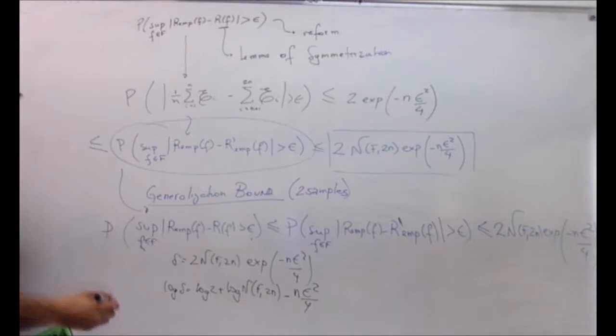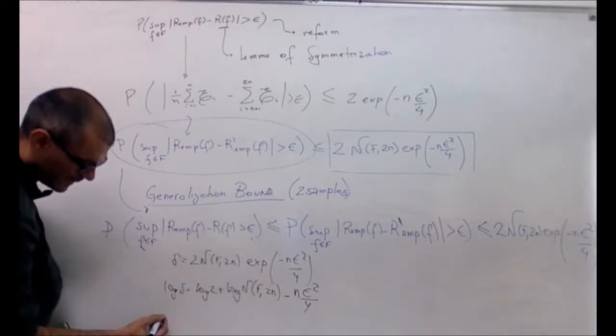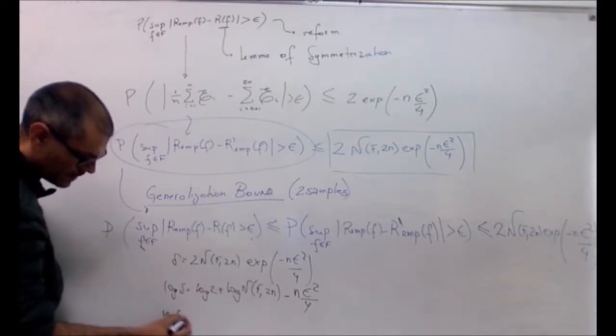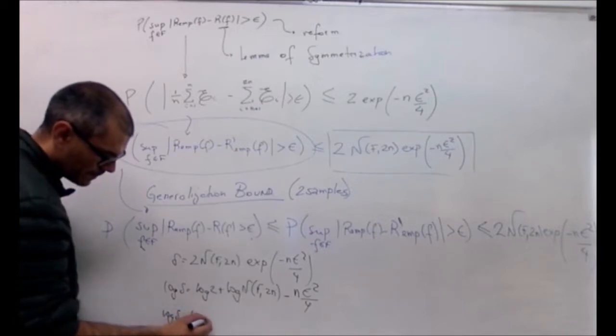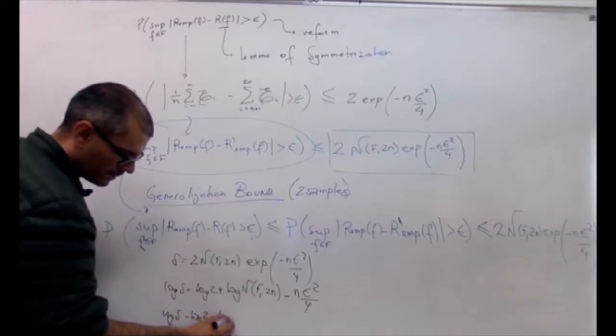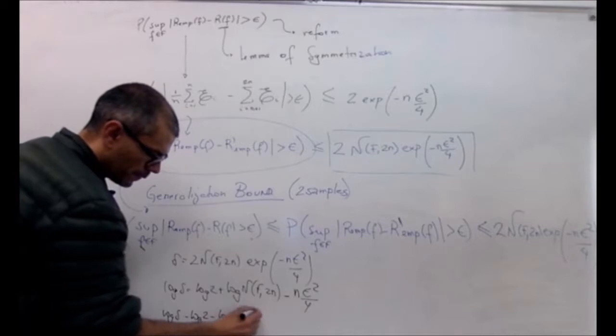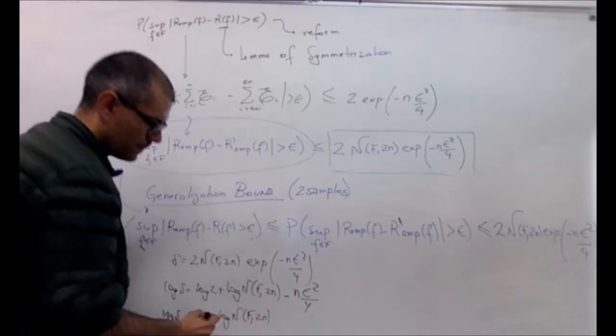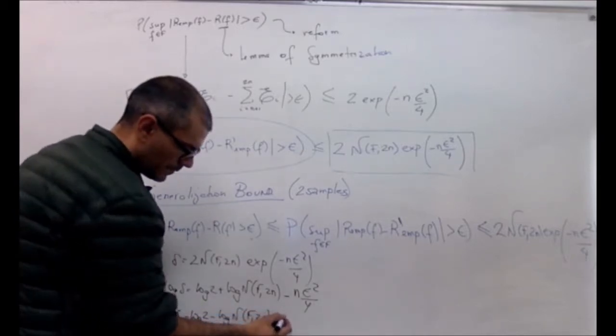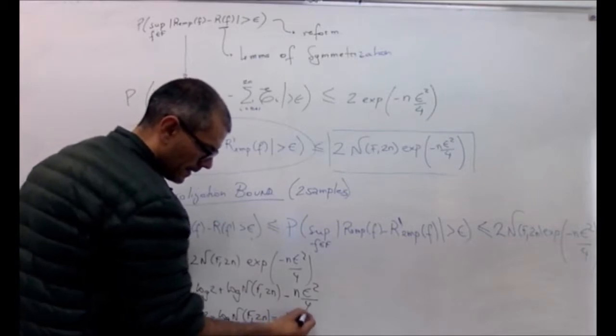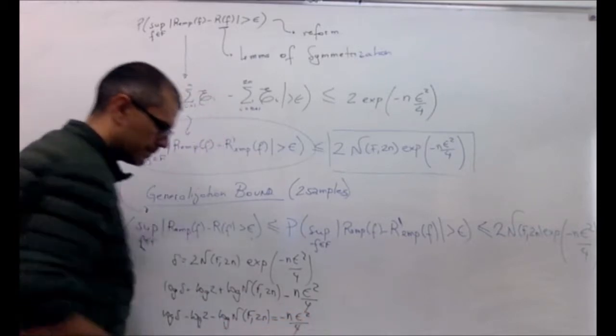So here we have, okay, now we can say log of delta minus log of 2 minus log of the shattering coefficient for 2 samples is equal to minus n epsilon squared over 4.